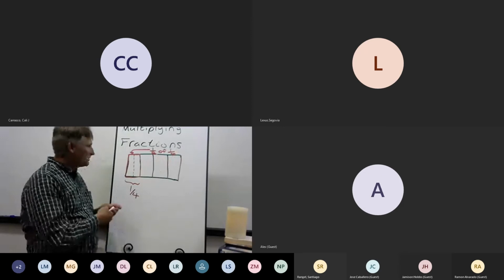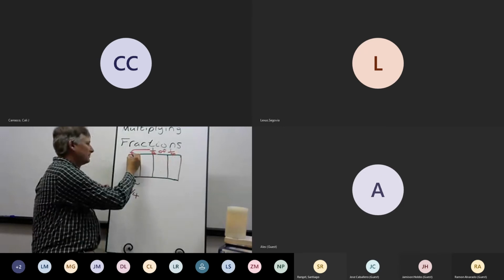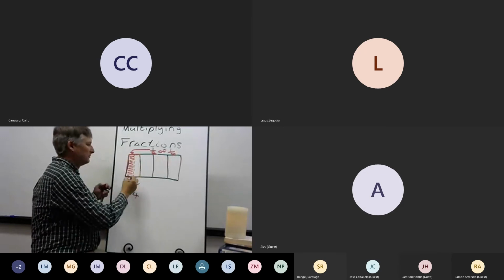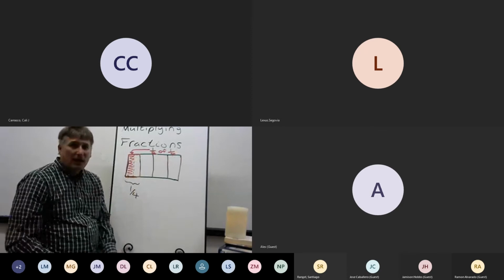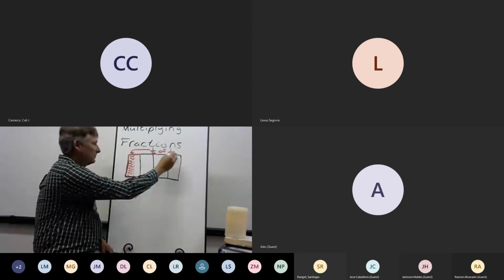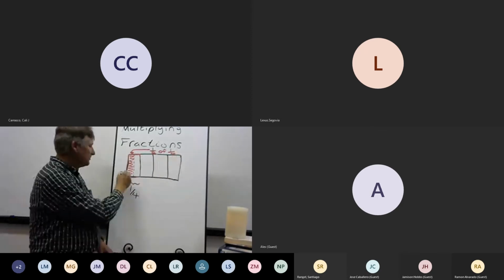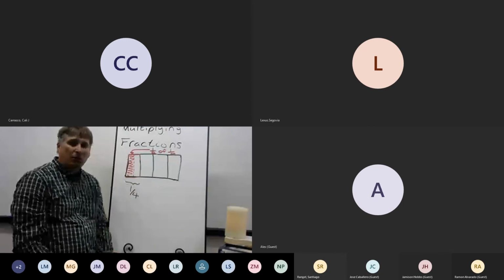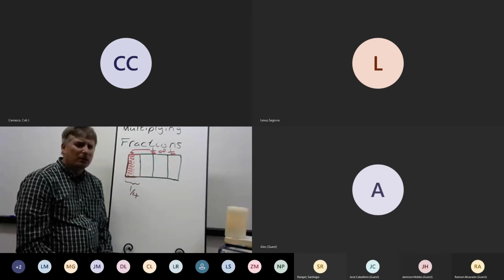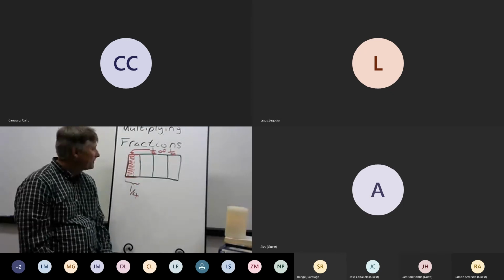So how much is this quantity? Well, we know it's not the whole thing. That's the whole thing. So this is just a part of the whole. But how much of a part, or how small of a part?